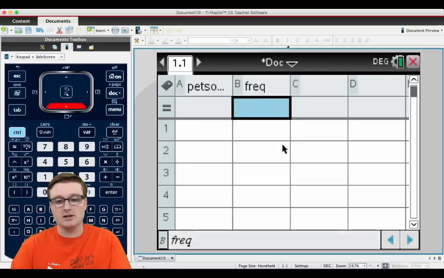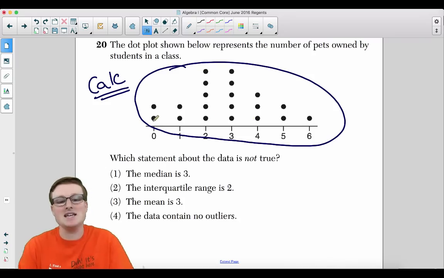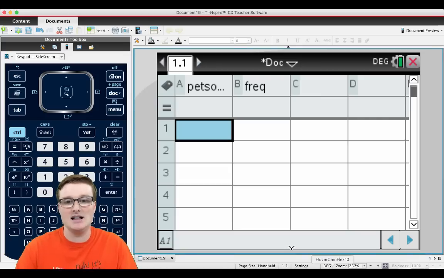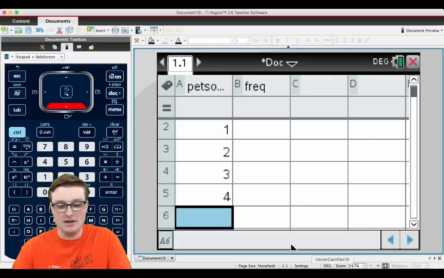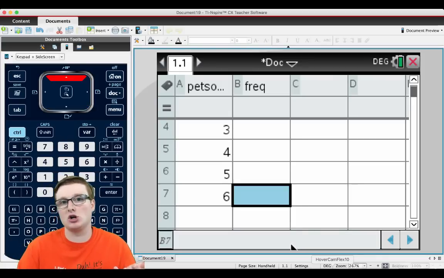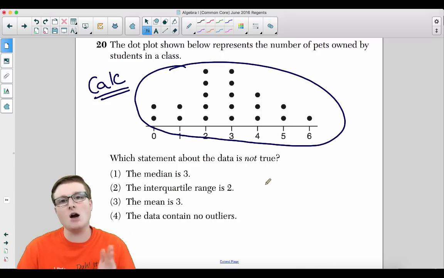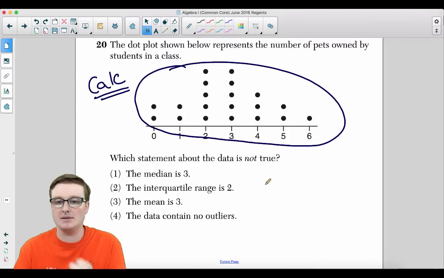What we need to do is take these numbers, which are 0, 1, 2, 3, 4, 5, 6. These numbers represent the actual number of pets that a person might own, and the frequency represents how many people own that many.